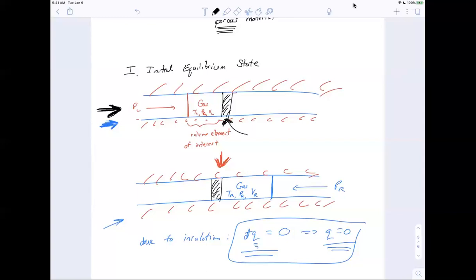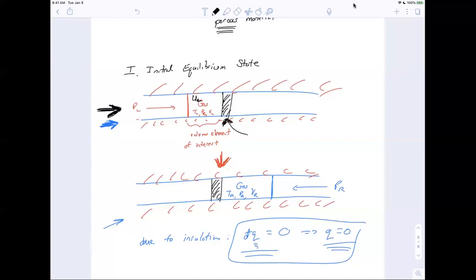Now we know that internal energy U is a state function. So we should be able to write that in addition to T left, P left, V left, before the gas volume goes through this porous material, there should also be a U left, right? Because as this plug is coming through, it's at equilibrium.